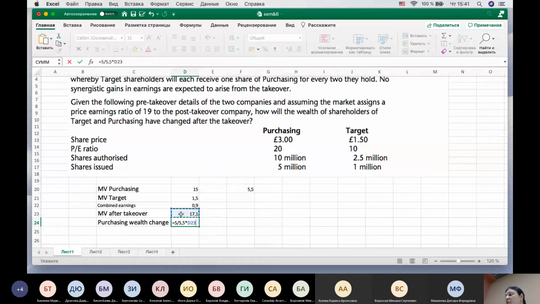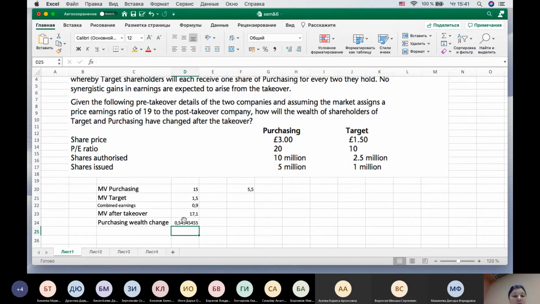In other words, we are finding the part of market value distributed to all shareholders of purchasing, minus their wealth before the deal. And we are receiving a positive meaning.